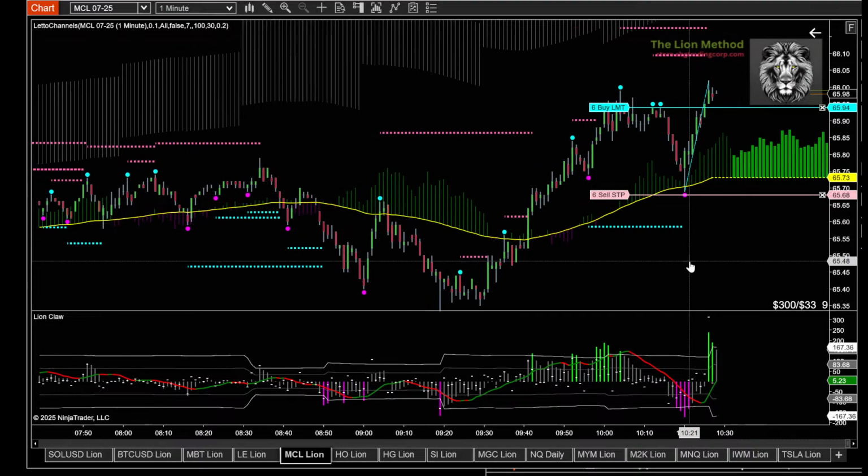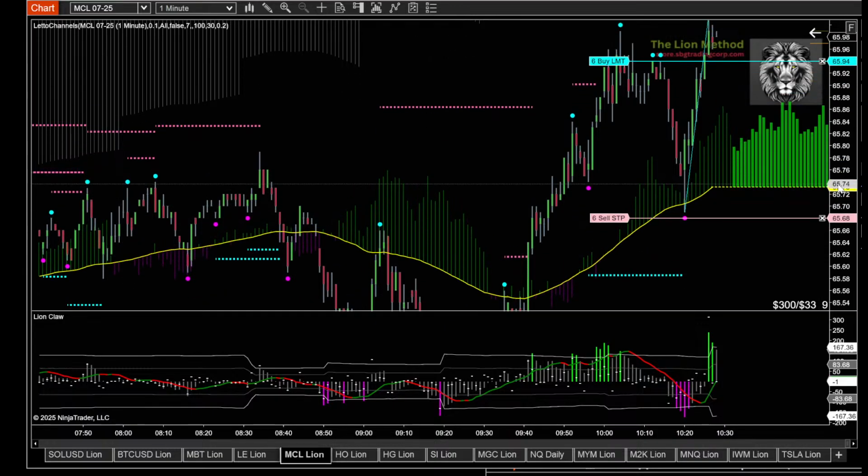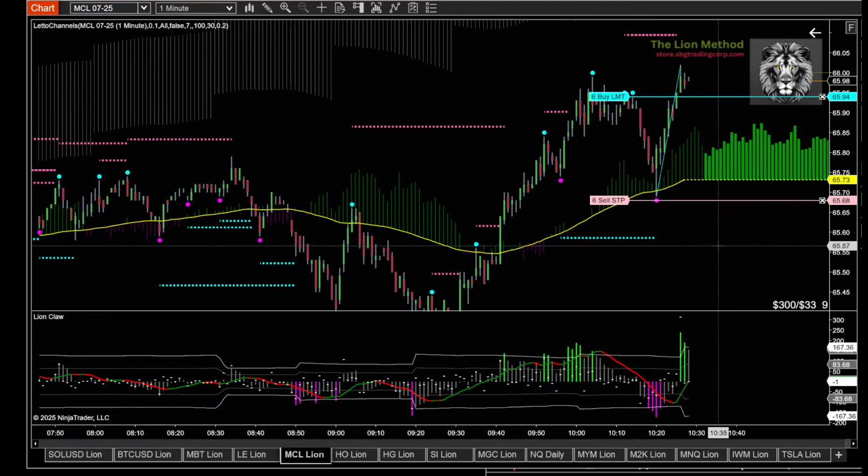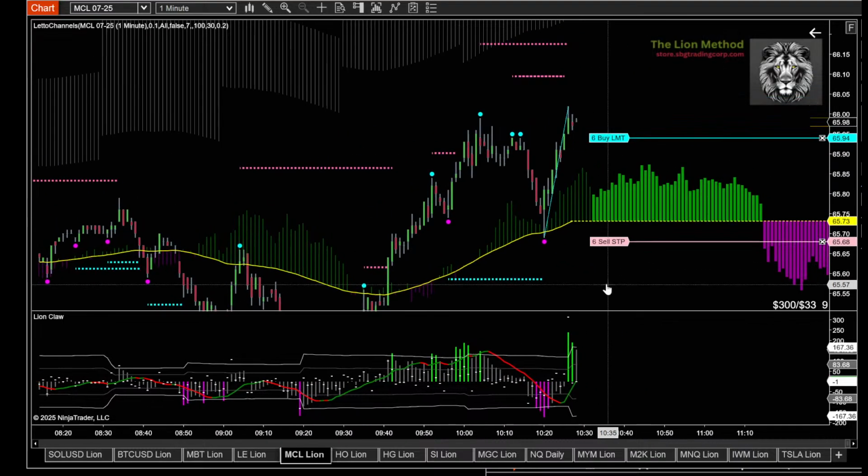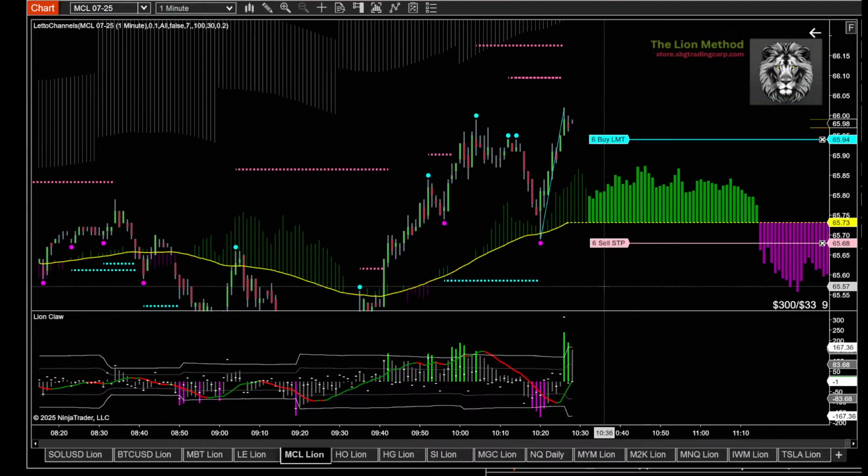Not going to chase it. I'm going to wait for it to come down. Crude can have these little liquidity sweeps that bring things back.